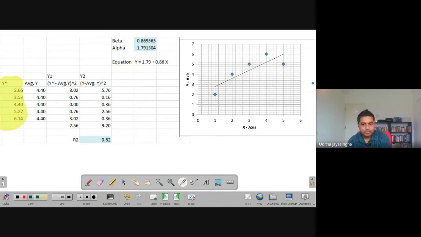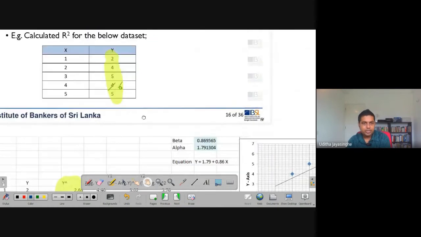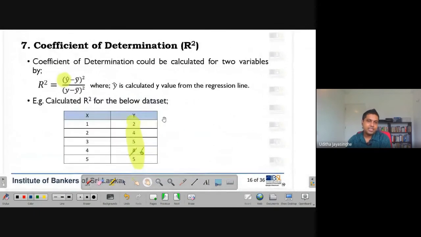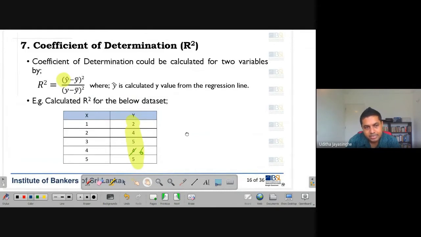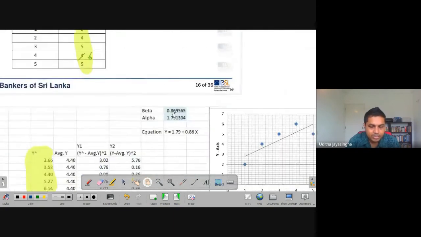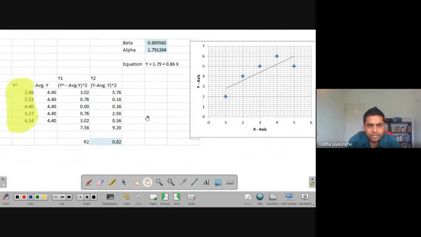To calculate r square, the coefficient of determination, all you need is to take the sigma of y hat minus y bar, take the square, and then divide it by the sum of y minus y bar squared.